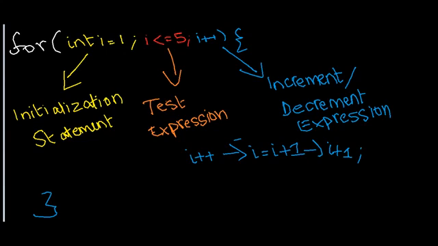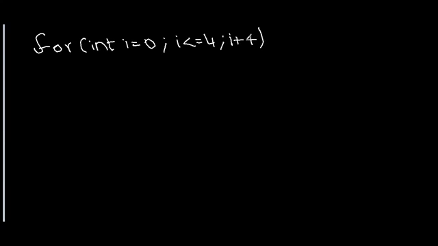Let me go into an example so that you guys can understand a little better. Let's say I write this loop: for (int i = 0; i <= 4; i++), and I write here System.out.println(i).